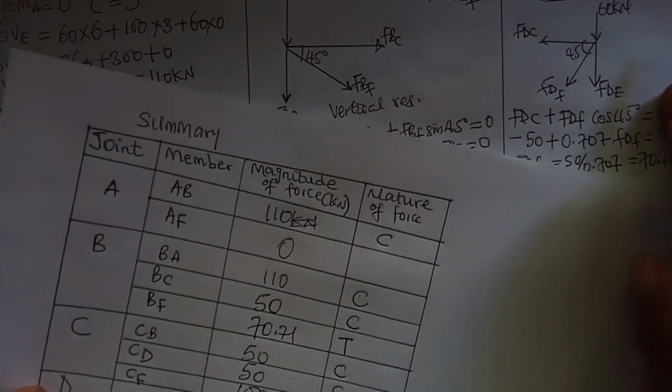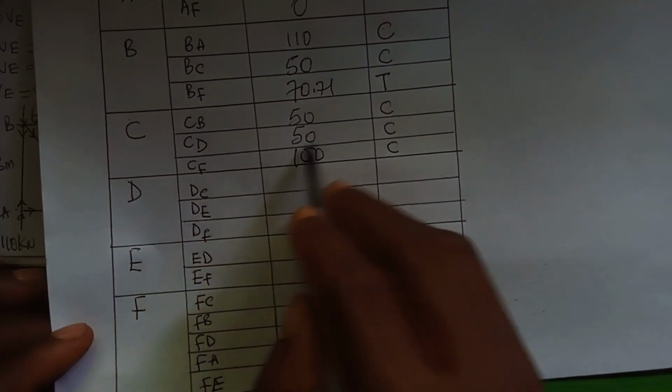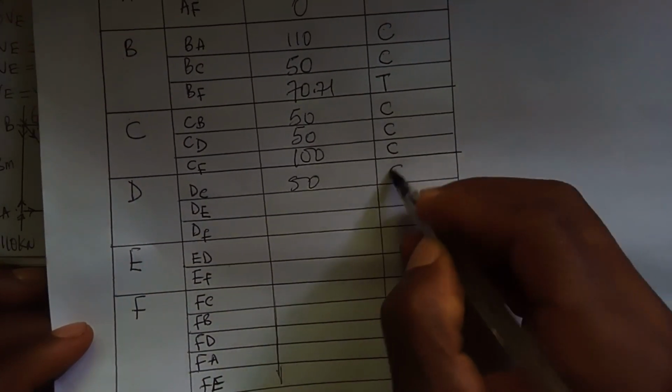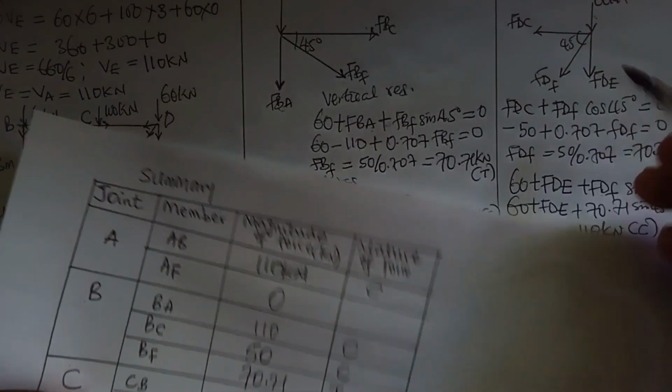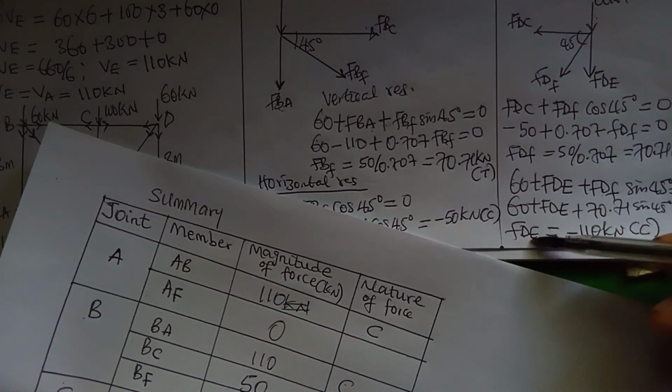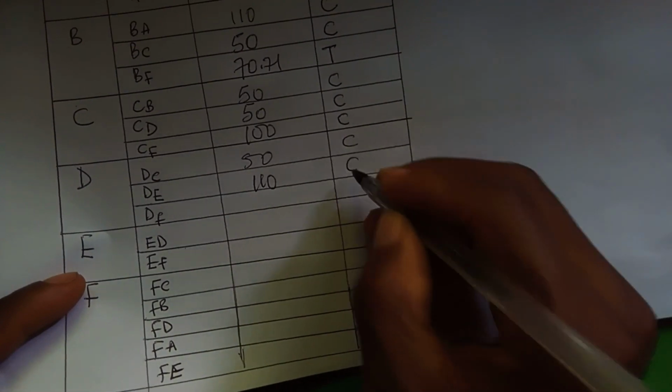At joint D, we have DC, which is the same as CD, and that is 50, compression. We have DE. DE is 110, compression.